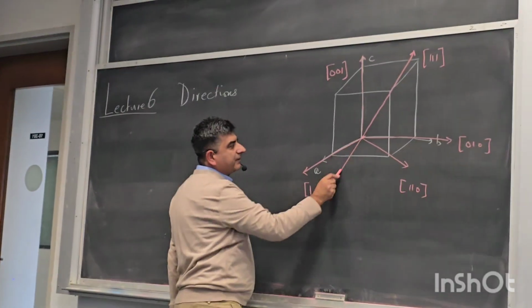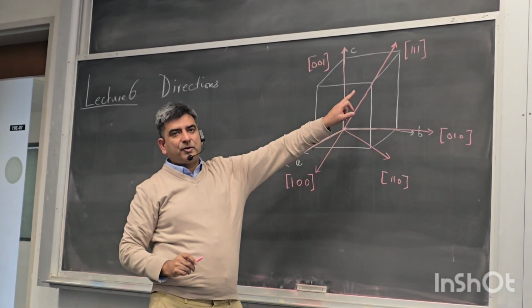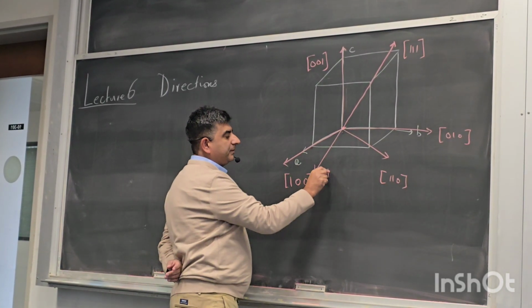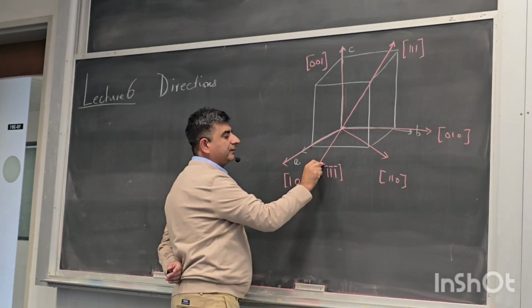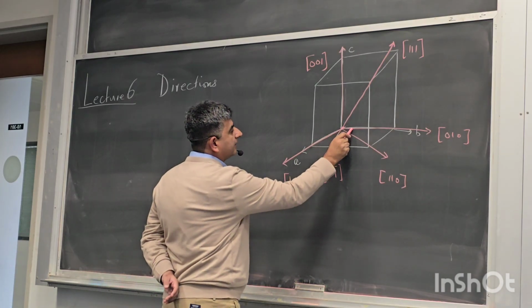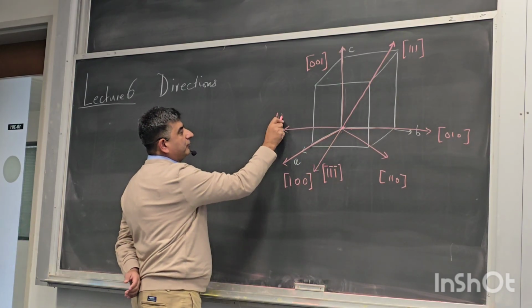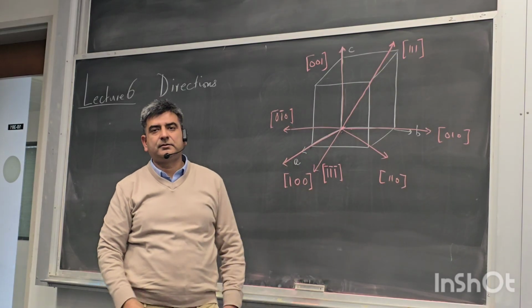And you can talk about negative directions as well. So the direction that is diametrically opposite to [1, 1, 1] is represented as [1, 1, 1] with a bar on all three of these. This direction here would be [0, 1̄, 0], minus.